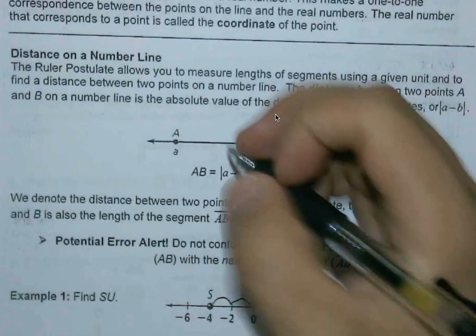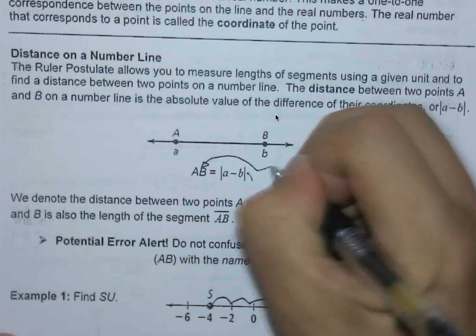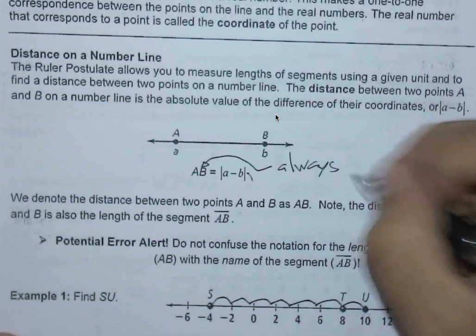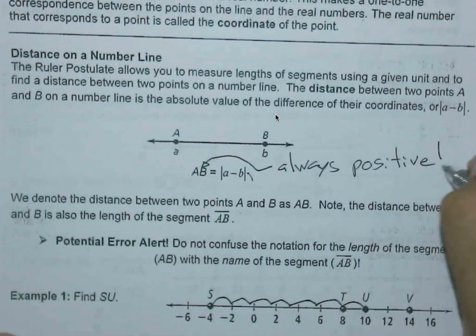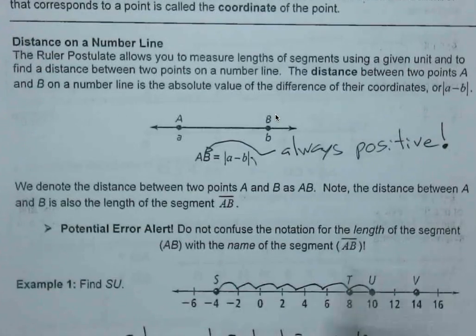So we always want this to be a positive number. Anytime we measure distance, it's always positive, hence why we're using absolute value. You wouldn't want to say that you're negative 4 feet 10 inches. That seems weird to say you're a negative height. So we want to make sure that distance is positive.